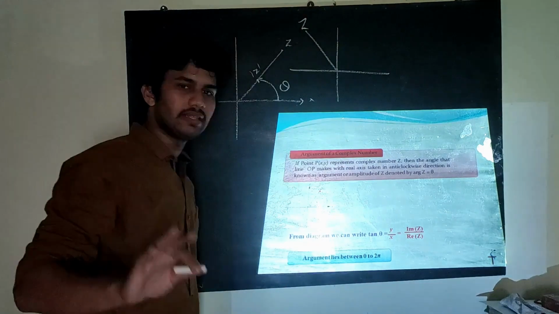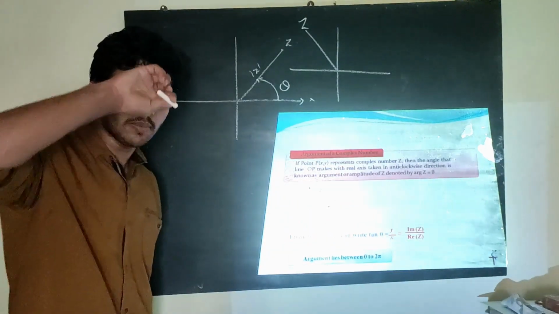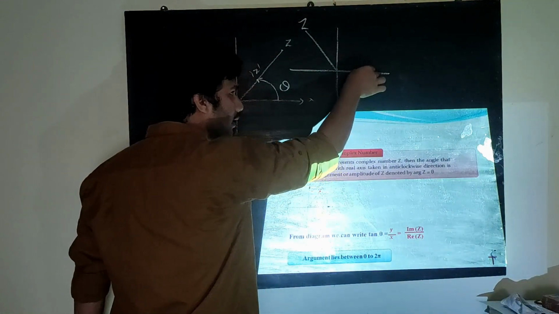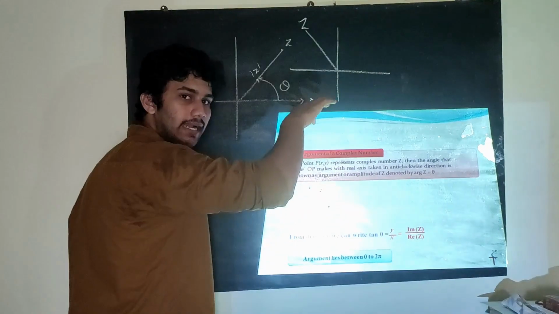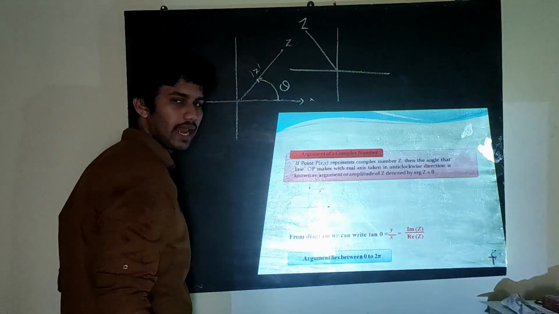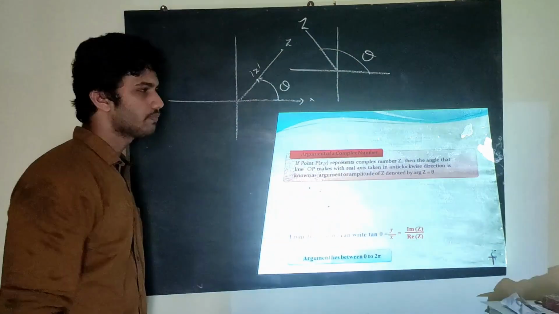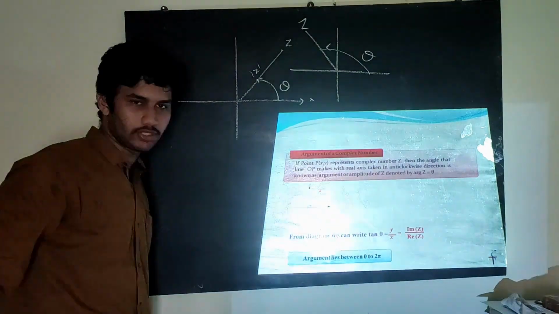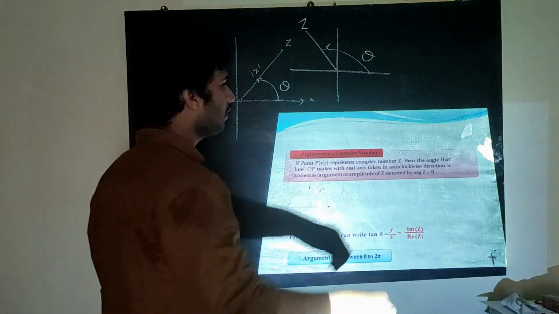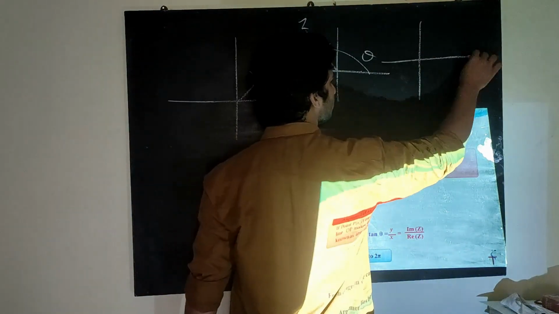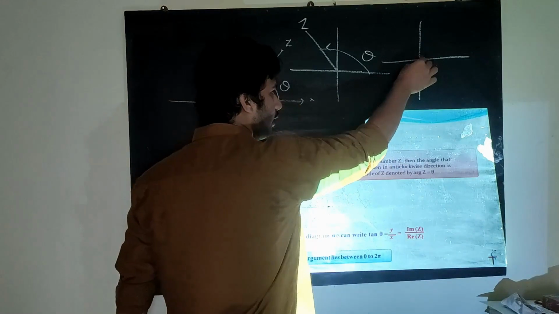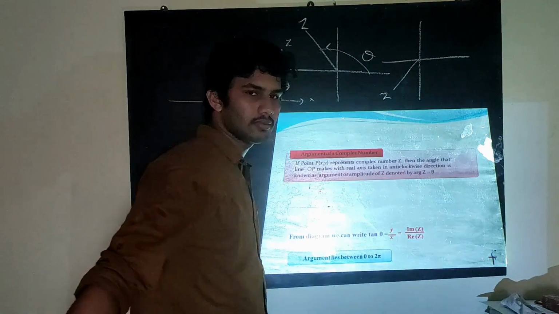Now, if the complex number be in the second quadrant, then the argument of the complex number will be the angle made by z with the positive real axis in the anti-clockwise direction. So this is my theta. It's in the anti-clockwise direction, right? If it was in the third quadrant, it would be somewhere like this.